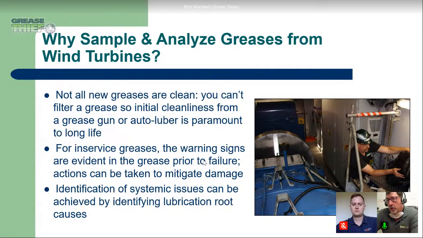And then we can also go beyond and identify those systemic causes that might be affecting not only the particular asset we're looking at one point in time, but by going to the root cause of damage, of accelerated wear, of degraded grease, of even failure, we may be able to find these root causes and then correct them across our program, across our maintenance functionality, to have an impact on many components.